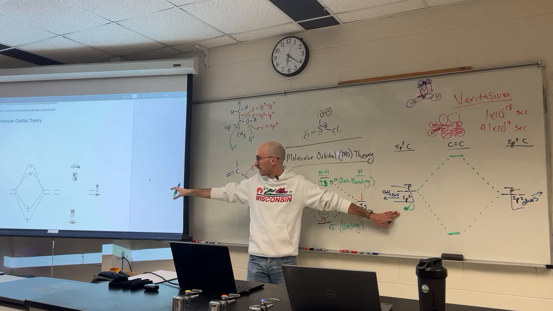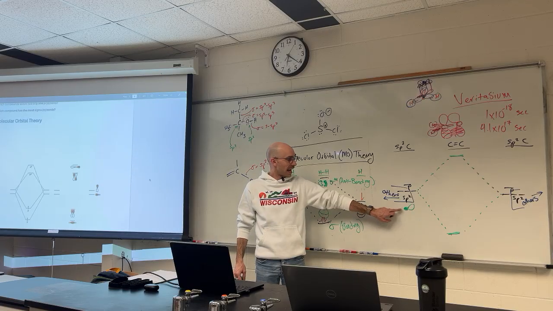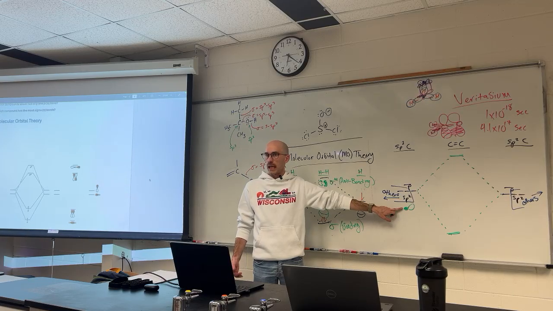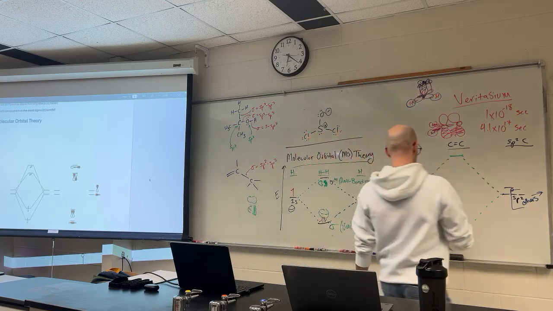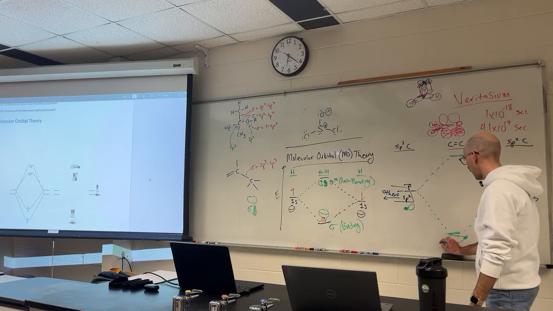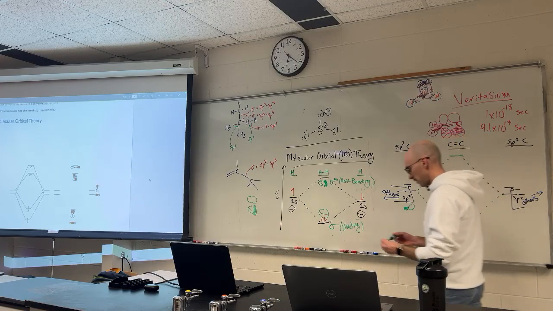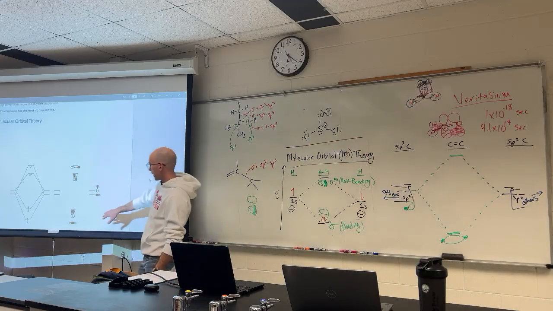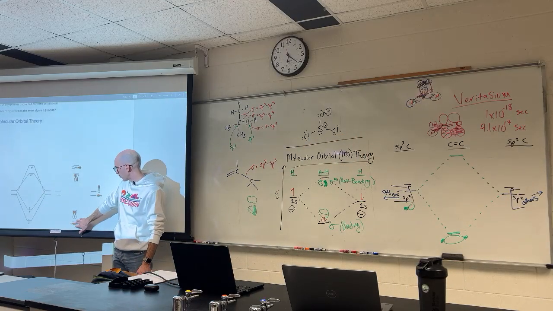You have images of this on your worksheet. My sp2 orbital has this type of shape. So when it overlaps head-on to create a molecular orbital, it's just going to be a big lobe with two little ears on either side. That's what you see down here on your molecular orbital diagram.